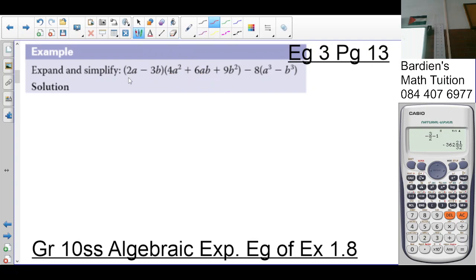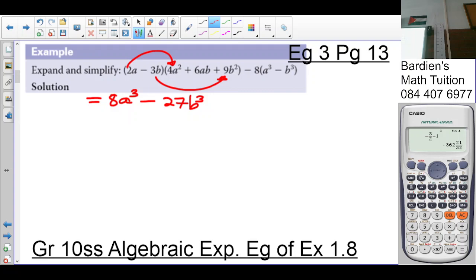But we have established that the rule can apply, so you can multiply the first and the last. So 2a times 4a squared, 8a cubed. Negative 3b times positive 9b squared, negative 27b cubed.